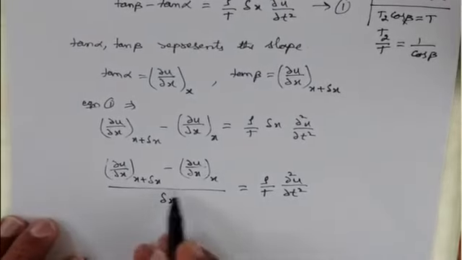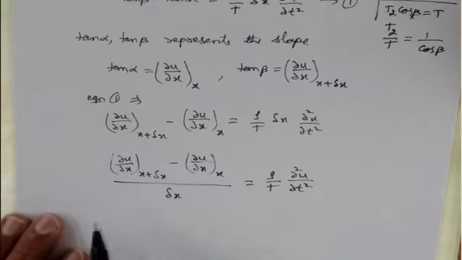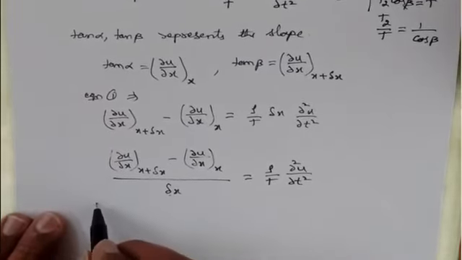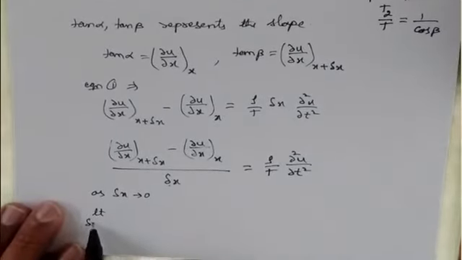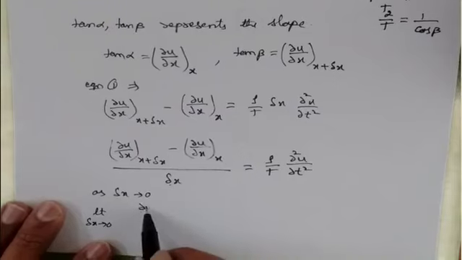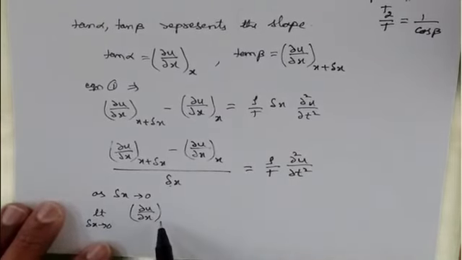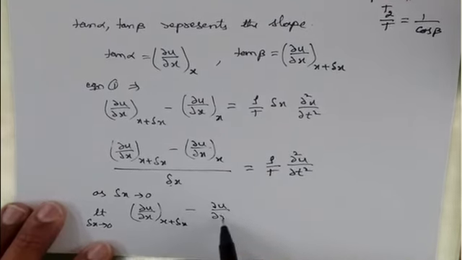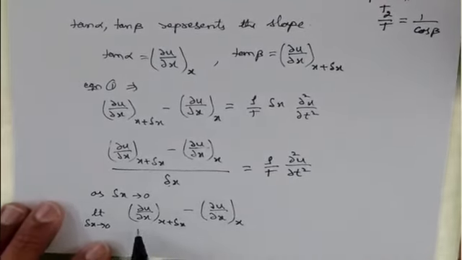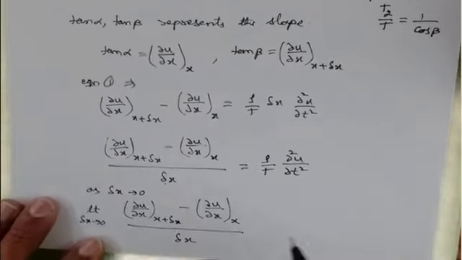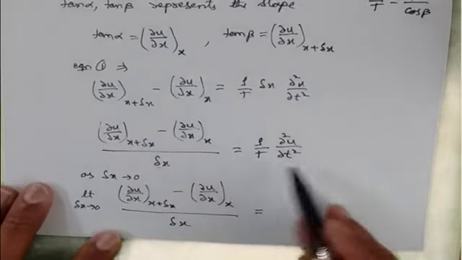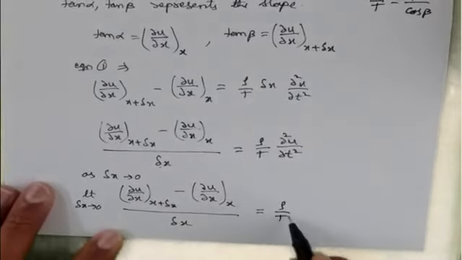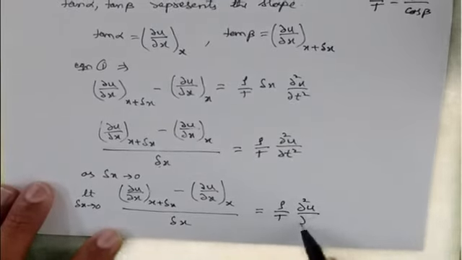Now if I apply the limit delta x tends to 0, the limit as delta x tends to 0 of dou u by dou x at x plus delta x, minus dou u by dou x at x, whole divided by delta x, is equal to, here you don't have delta x, so you can just write rho by t into dou square u by dou t square.